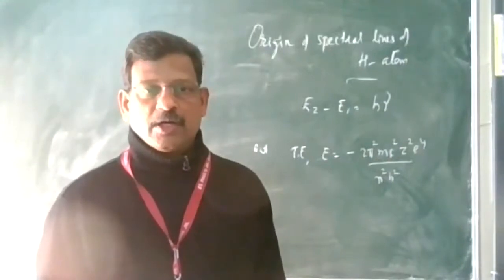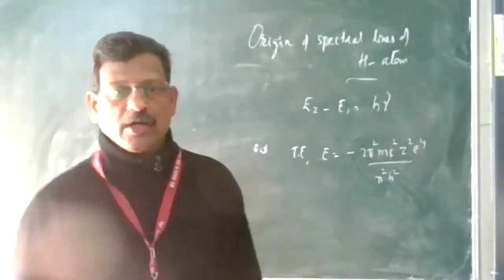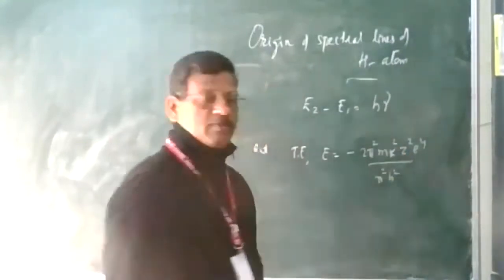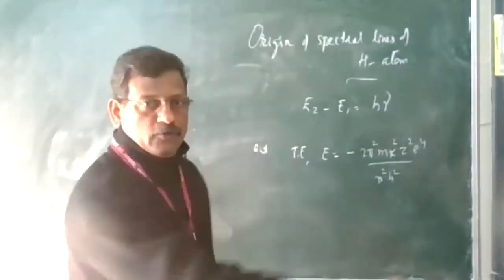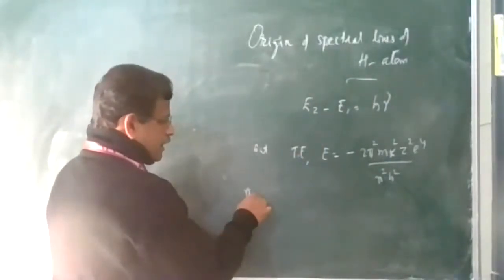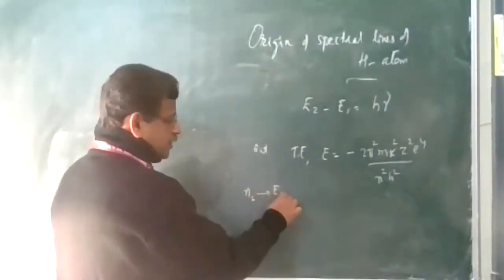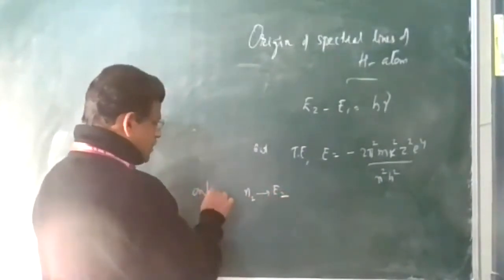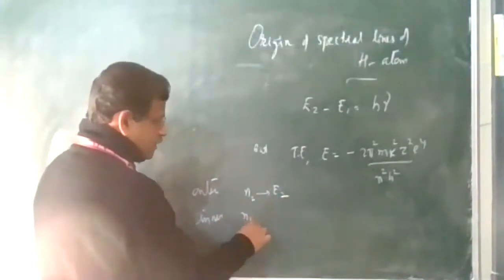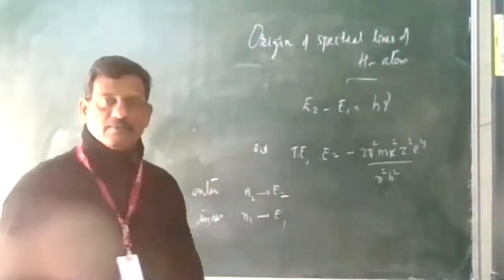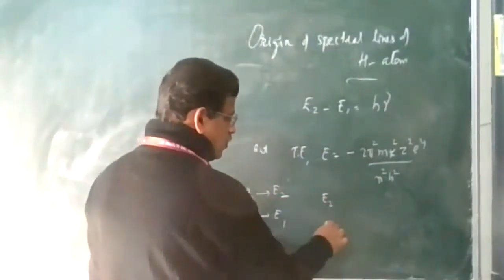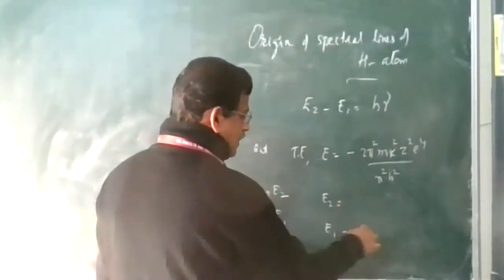For the outer orbit, marked as n2, the energy is E2. The inner one is marked as n1, and its energy is E1. So we can write the energies of the outer orbit and inner orbit like this.